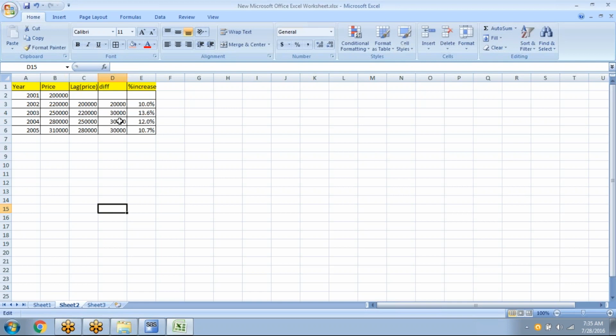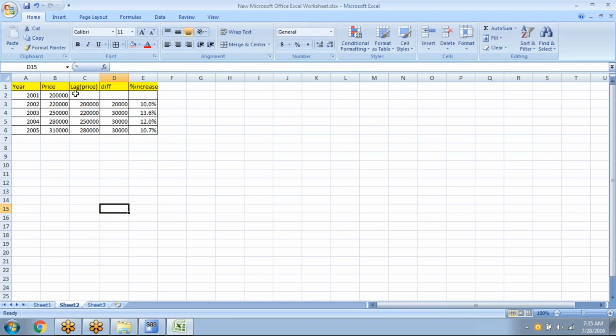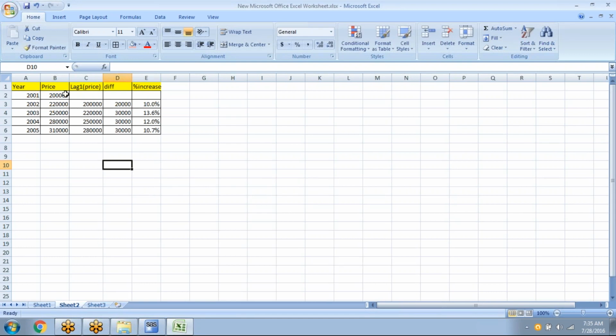If you say lag of price, what it does is lag. The lag function is basically used to read the previous record values in the current observation. By default it will only go back to the previous record, just the immediate previous record, and read it.